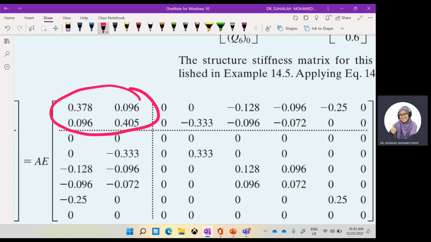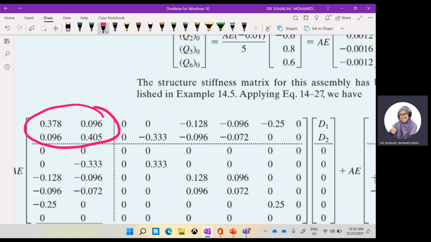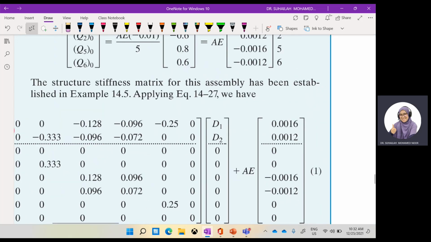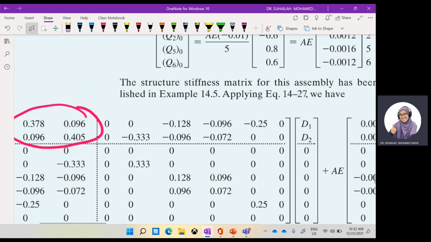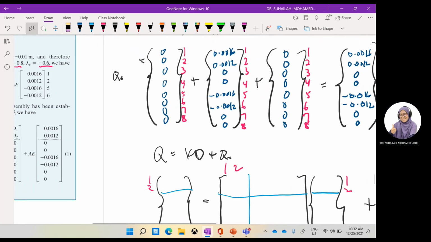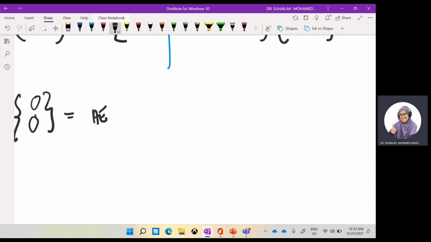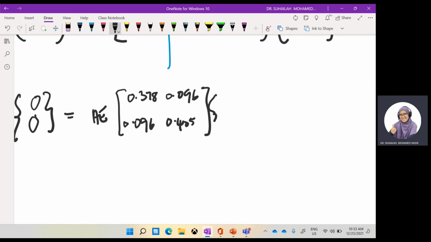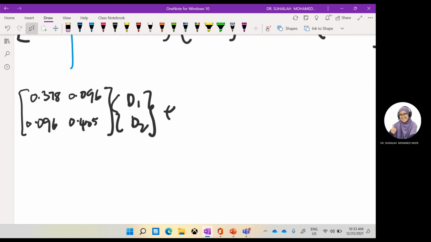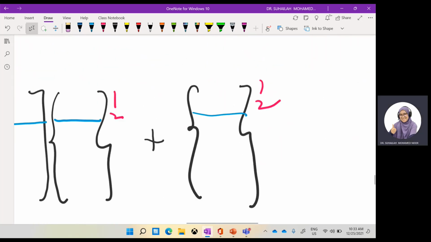This K value: 0.378, 0.096, 0.096, 0.405, times D1 and D2, plus Q naught.